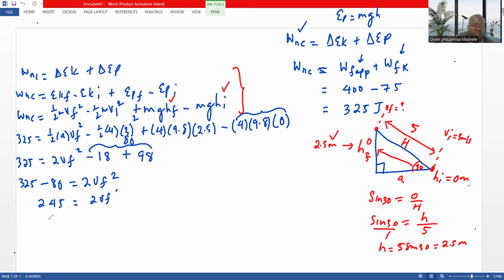Then we divide both sides by 2. Okay, I apologize for saying therefore. Dividing by 2 obviously will give us 122.5. Then we apply the root sign. So the final velocity or the speed will still be 11.07.